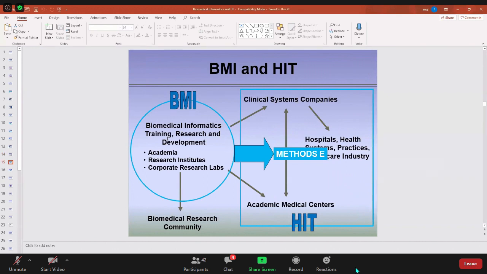Now, if you compare biomedical informatics and health information technology, you will see that biomedical informatics training, research, and development encompass academia, research institutes, and corporate research labs. Whereas health information technology most of the time covers only the hospital setting or the medical centers.